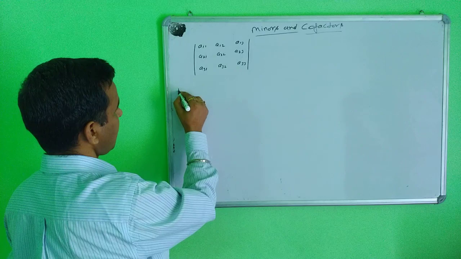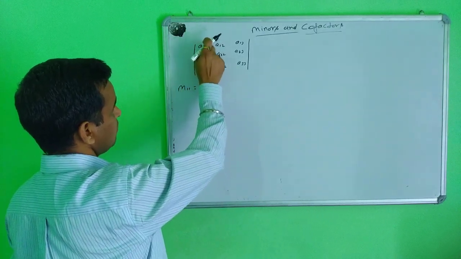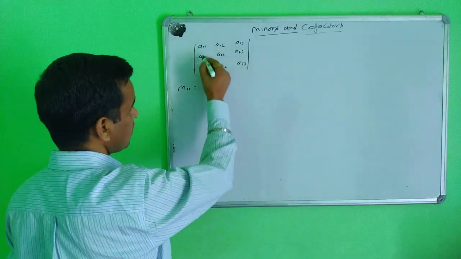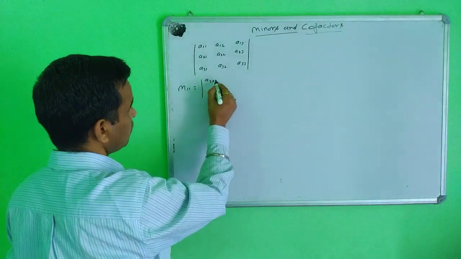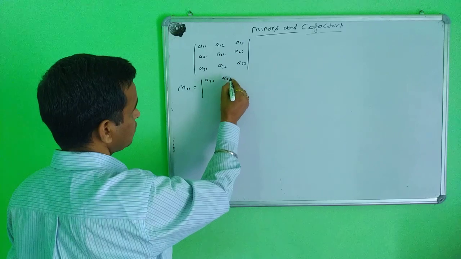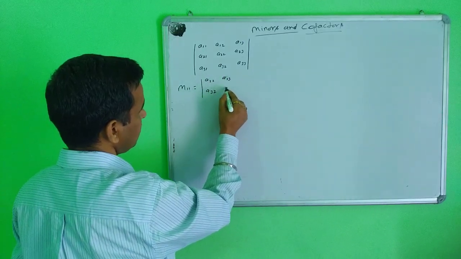The minor M11 means what? M11 means this element; this row and this column will be hidden here. What is left here? A22, A23, A32 and A33.